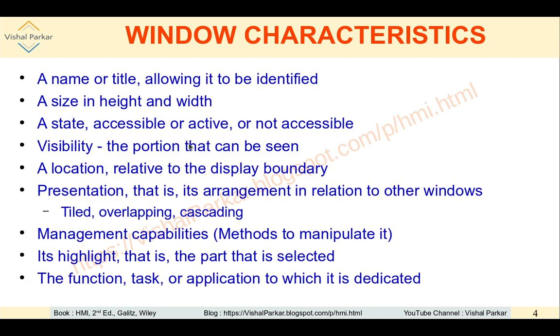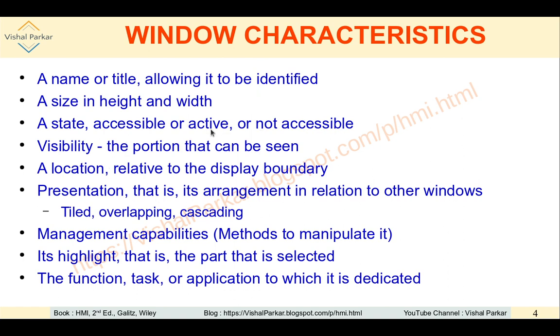So different characteristics are as below. It will have a name or title that will identify it. It will have size, described in height and width. Basically the basic unit will be pixels possibly. It will have a state which can be accessible or not accessible.